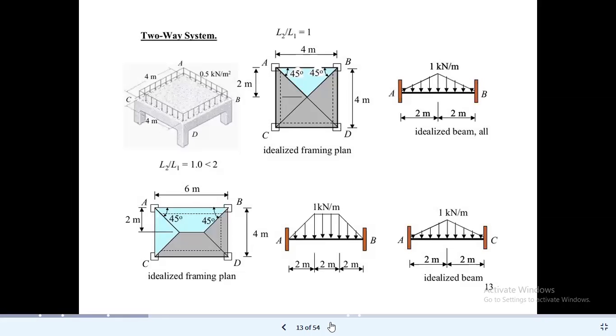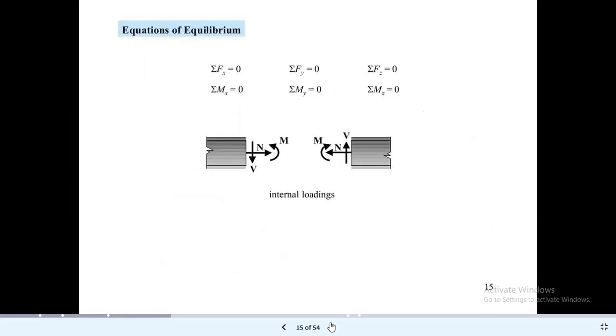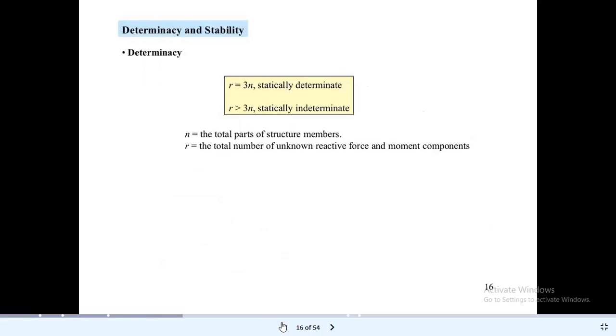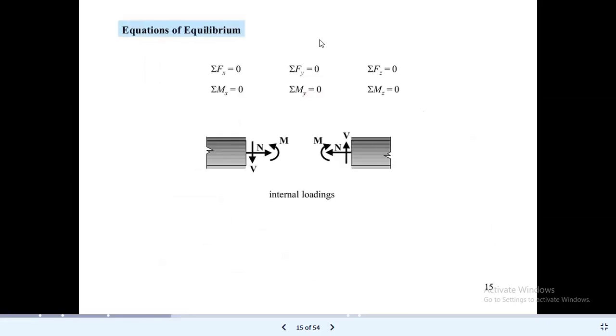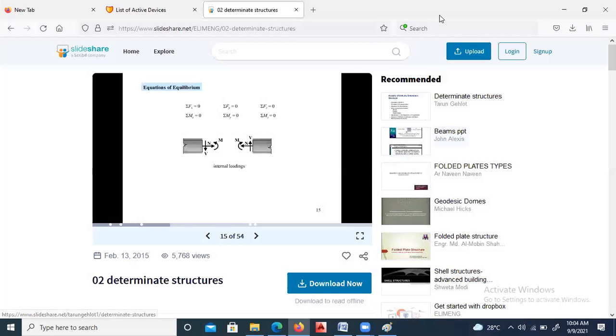Next, I think we have to discuss the equations of equilibrium. I think that we have already discussed. That is, sum of forces in the x direction is equal to 0. Sum of forces in the y direction is equal to 0. And sum of forces in the z direction is equal to 0. Right? Now we will have to discuss the stability of the structure.